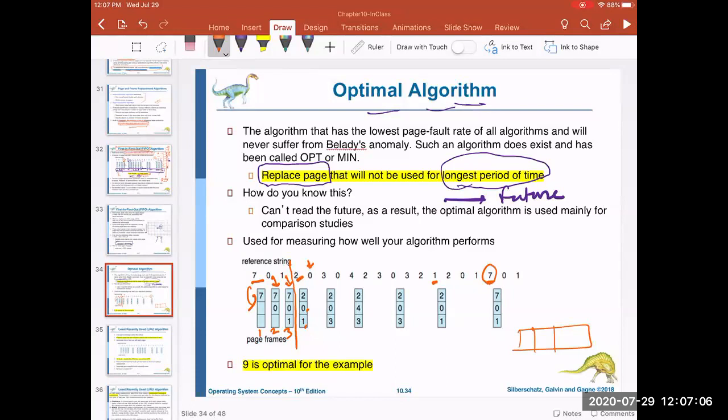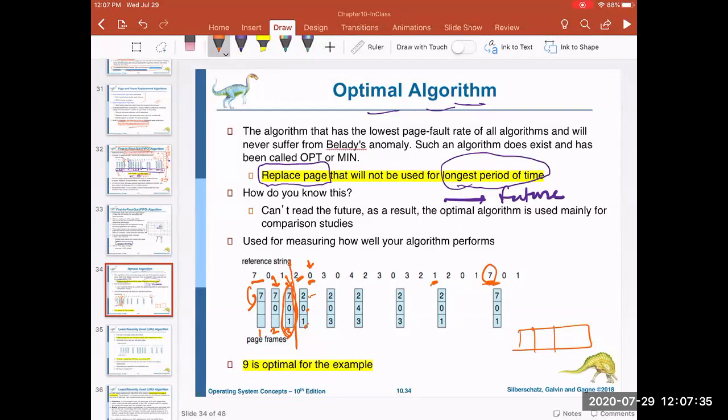So we are prioritizing based on the longest period before use of the frame. 0 is used just next, then comes 1, and then the longest period based on this queue is 7. So 7 is the victim here. We replace 7 with 2, and then it will become 201.